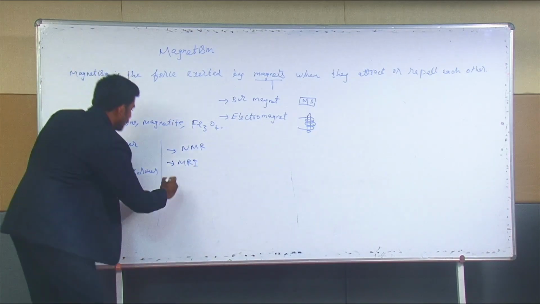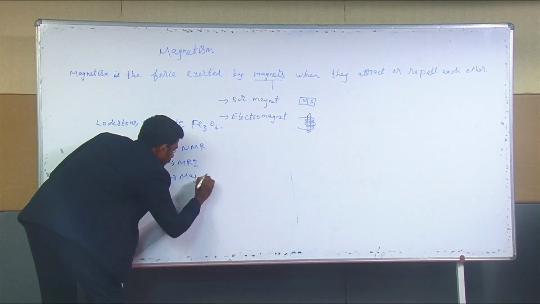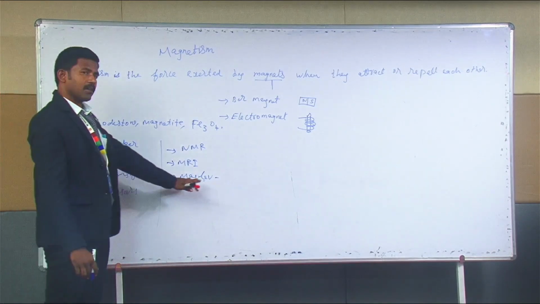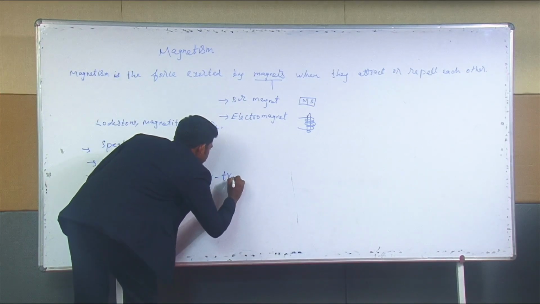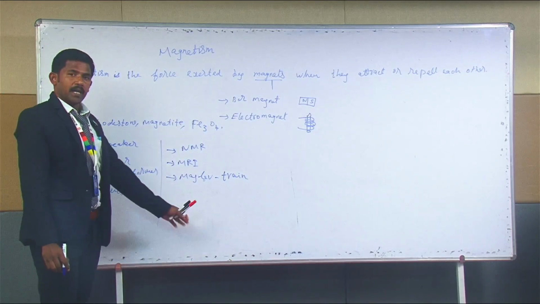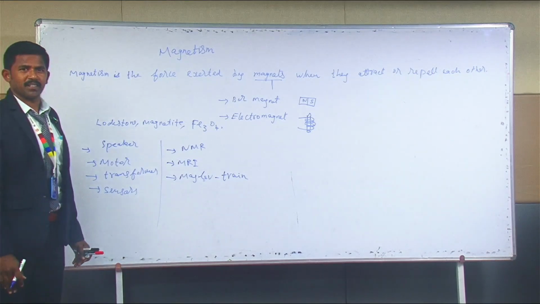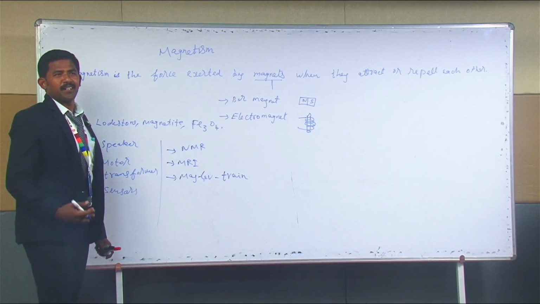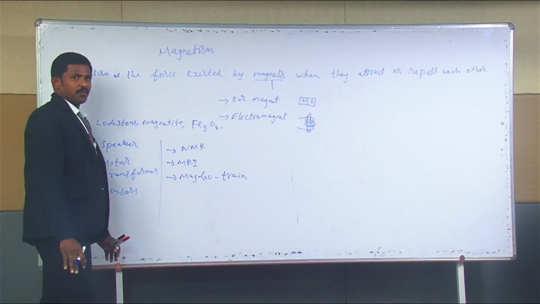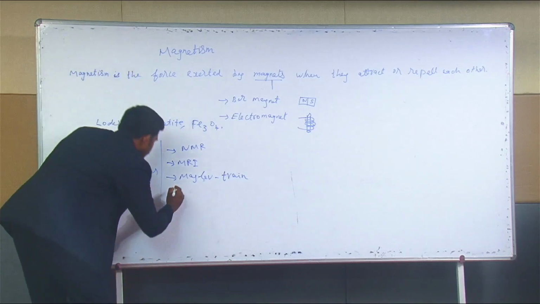Then there is the maglev train, which is magnetic levitation. And even the cell phone. Without the cell phone it is almost not possible to handle modern technologies.